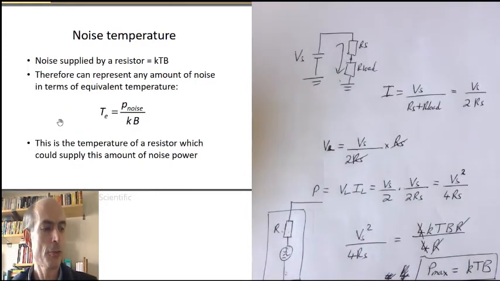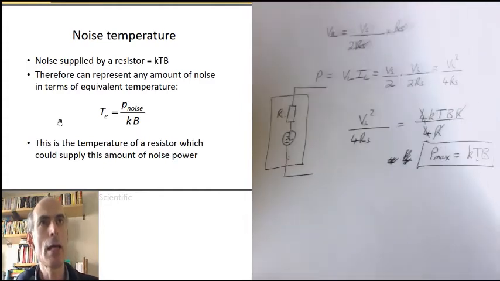This suggests that we can define any amount of noise in terms of the temperature of a resistor which can provide that amount of noise power. You'll notice that this is not a function of the resistance R.